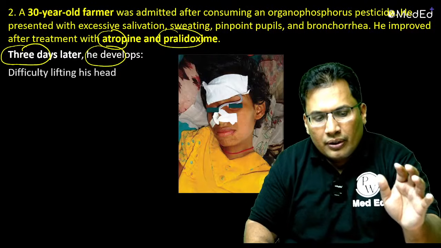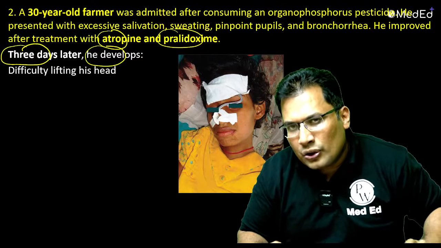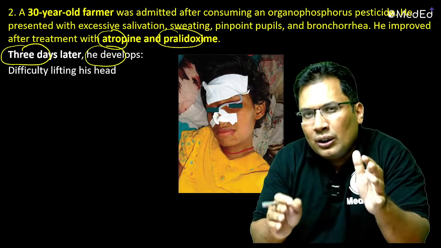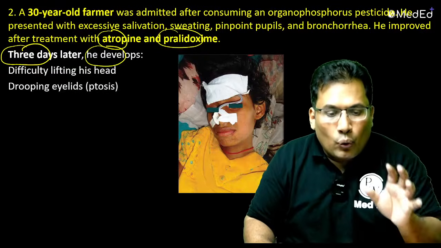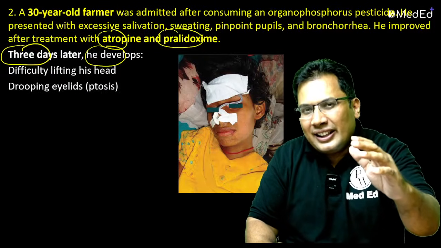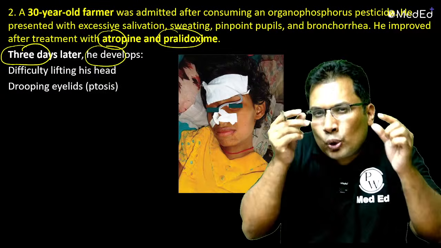He develops difficulty lifting his head, so there is weakness of the neck flexors. Drooping eyelid, that is ptosis, involvement of levator palpebrae superioris.